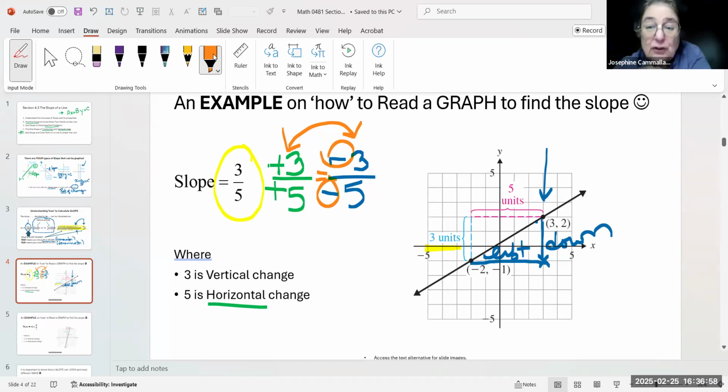Or can I start from 3, 2 and go back down the line? The answer is yes. And this concept of slope, when you graph, is going to be real important.